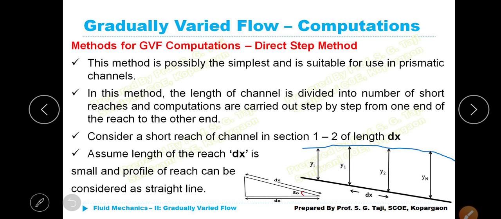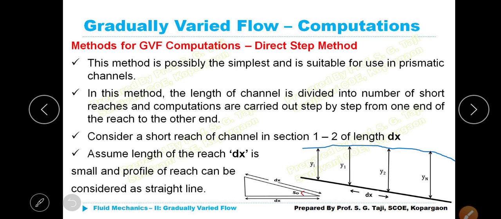This method is possibly the simplest and is suitable for use in prismatic channels. You know what a prismatic channel is? The one which has no change in the depth or width or any cross section throughout, including the bed slope. So the bed slope also is constant or consistently the same.